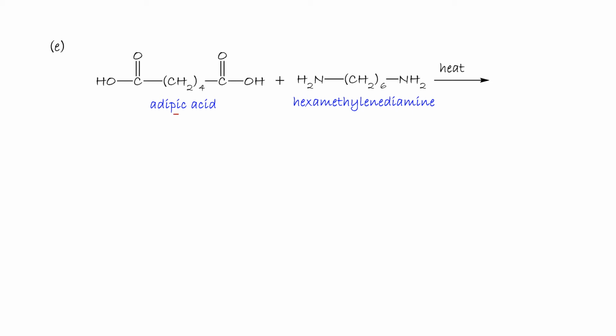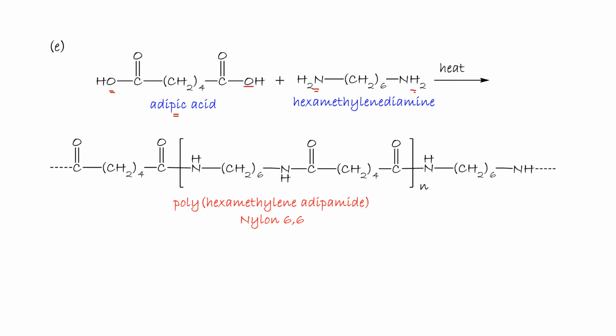What do we get if we react diacid with diamine? Heat. We know that acid with amine and heat, we get amide. So that will be, because we have two sides amine and two sides acid, a polymer, polyhexamethylene adipamide.